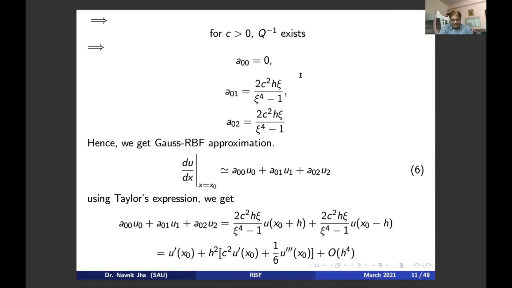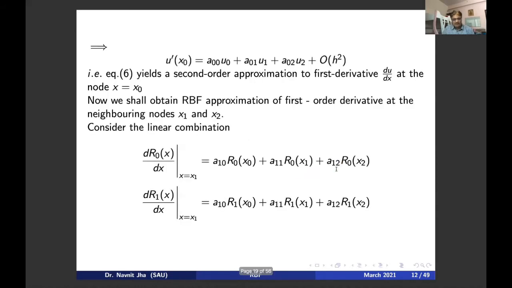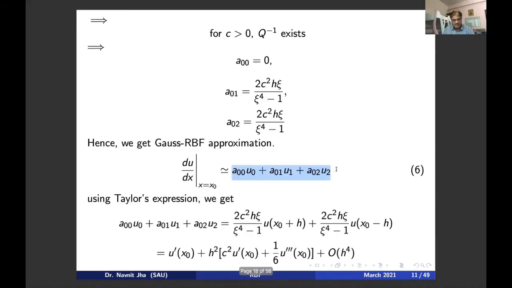So the first derivative du by dx at X0 is basically this relationship: A00 U0 plus A01 U1 plus A02 U2. I have written the symbol of approximation because this is not exact.